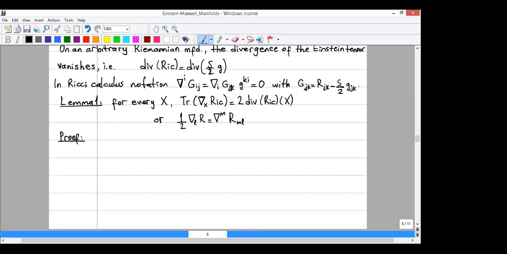Or in index notation, we can write this as one half covariant derivative l of R. I take this to the other side, and this is contracted with this index.